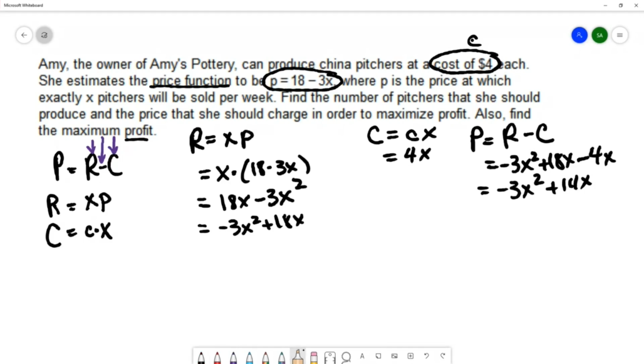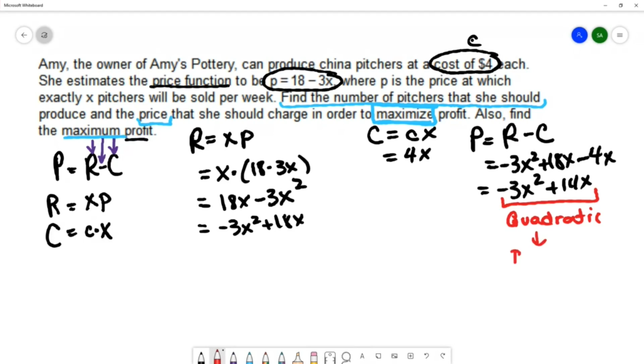So if we take a look, there are many parts here. We want to find how many pictures we should produce and the price in order to maximize the profit. And we also want to find the maximum profit. Because we're trying to maximize the profit, we're going to take a look at this function. This is the profit function, and we notice that it is a quadratic. And a quadratic has the graph of a parabola.